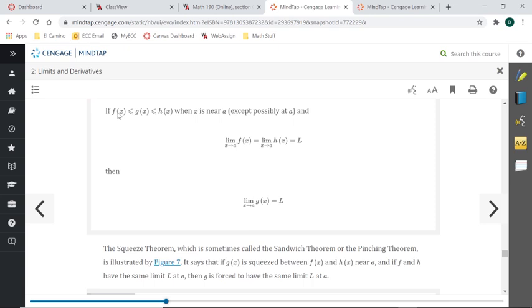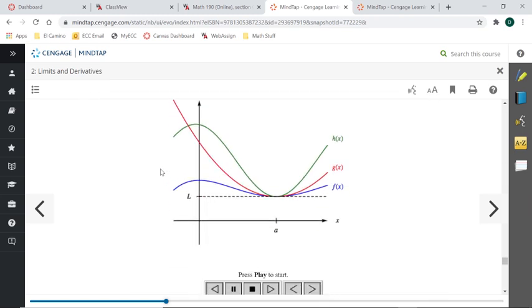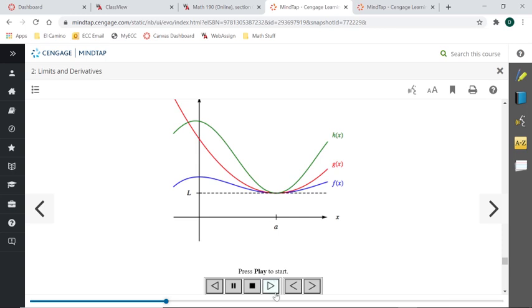All right, so here we go. If f of x, as x approaches a, is going to some value, they're saying it's L, and if h of x is also going to that same value L, but g of x is always stuck between those two, then g of x has to be squeezed to that value as well. Here's the first animation demonstrating the squeeze theorem in the book. So x is approaching a from both the left and the right.